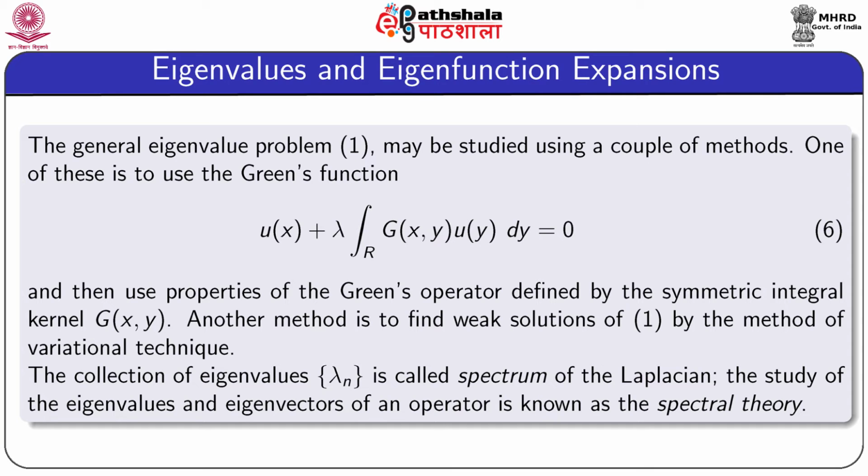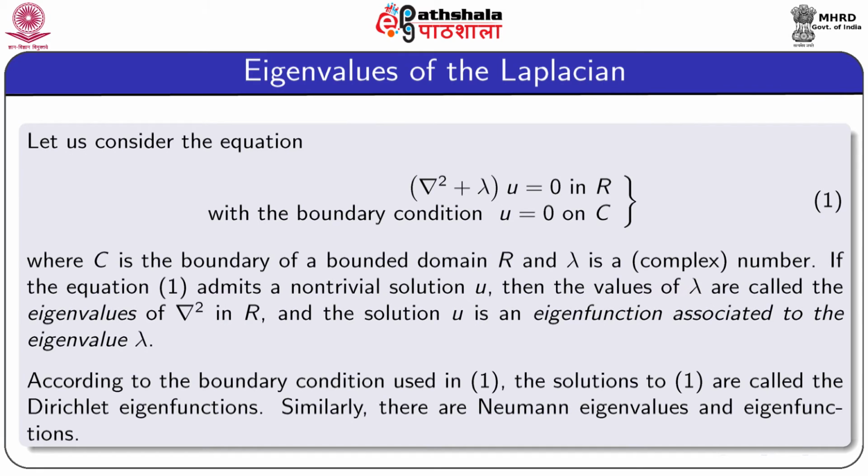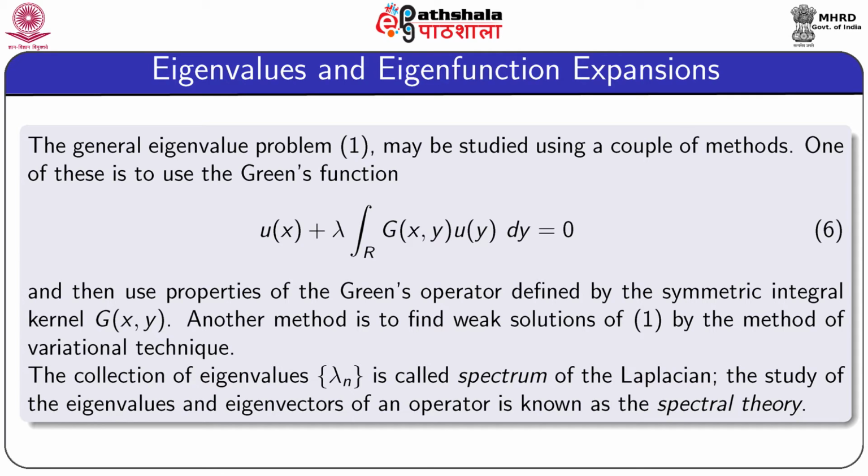Now, we want to generalize the concept of eigenvalues and eigenfunctions. The general eigenvalue problem is written in equation number 1. This is equation 1. The general eigenvalue problem can be studied in many different ways. One of them is the use of Green's function, where the solution can be written in the form u of x plus lambda times the integral over R of g of x y u of y dy equals 0.